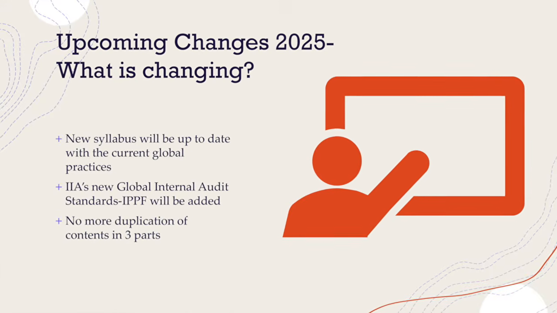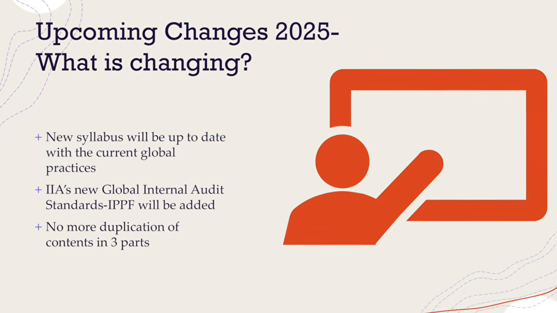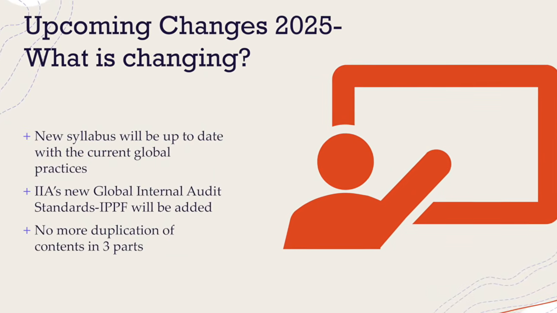So if we are studying CIA, why should we not study the current IPPF as well as the global internal auditing standards? So the new syllabus will include the global internal auditing standards. Also, we will be studying the updated IPPF, which was updated in 24. So that is another thing which is changing.